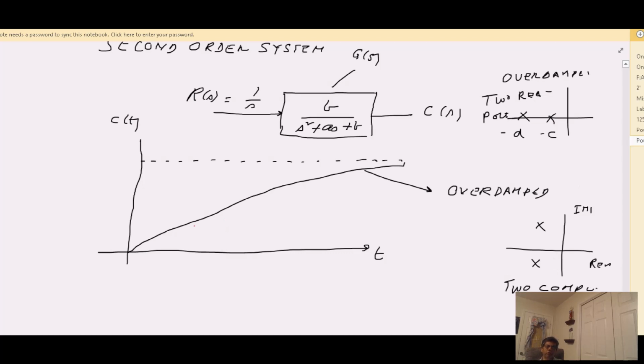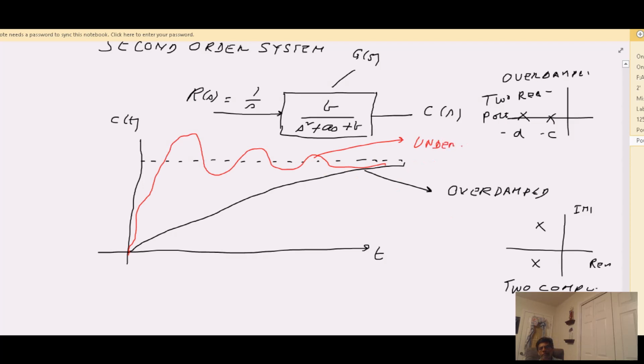So let me draw this in red. The rise time is going to be a little bit quicker. It's going there faster, but it goes like this. It's getting there, getting there, like this. Such a system is now called the underdamped system. This is called the underdamped.